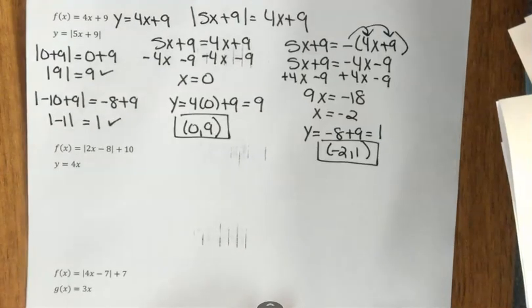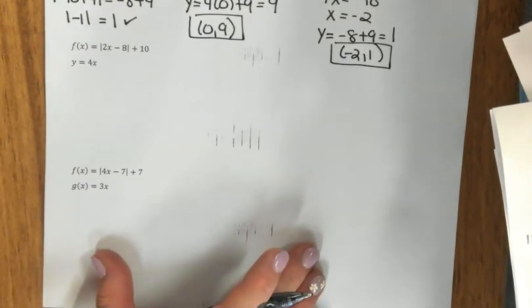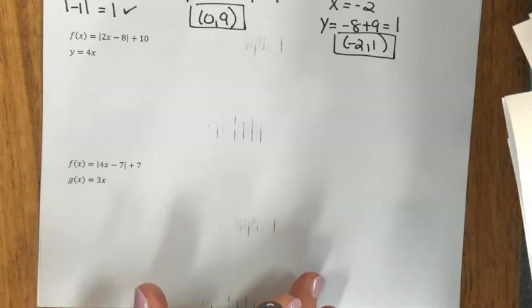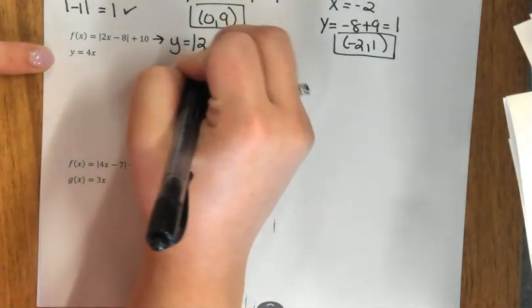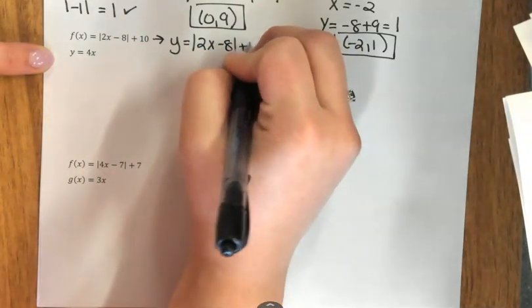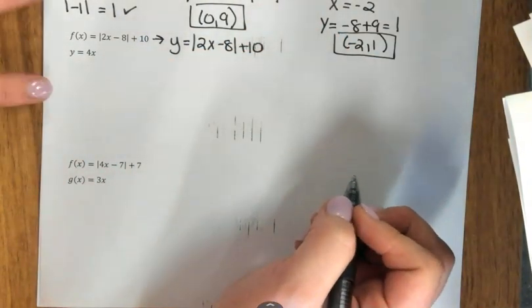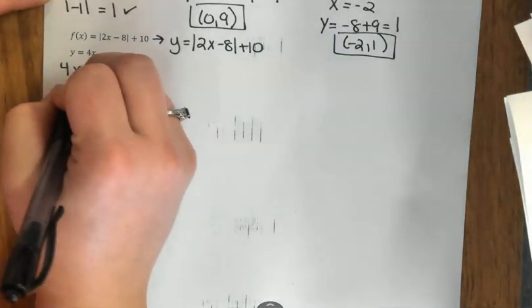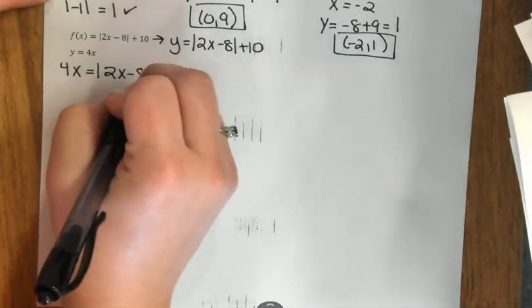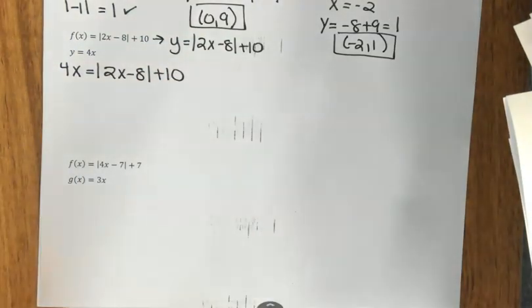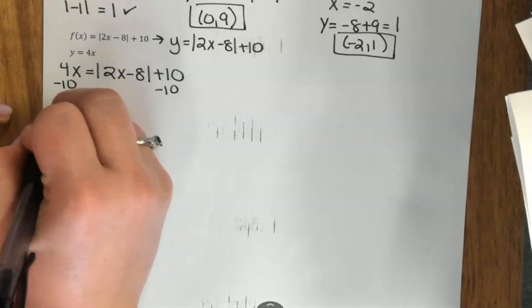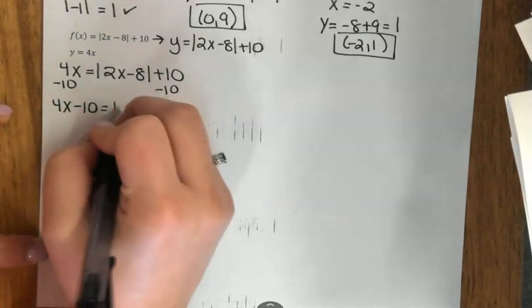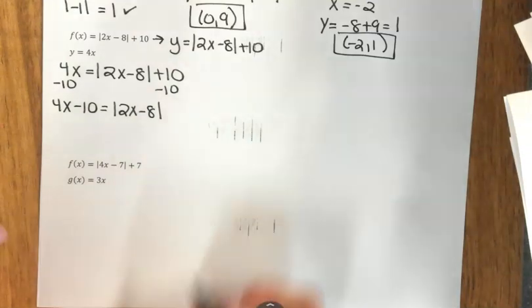Okay. Let's do this again. On to the second one. Absolute value of 2x minus 8 plus 10 and 4x. So if I rewrite this in y equals notation, I can now set it equal to 4x, and my absolute value is not by itself, so I'm going to have to subtract the 10 and say that 4x minus 10 equals the absolute value of 2x minus 8.